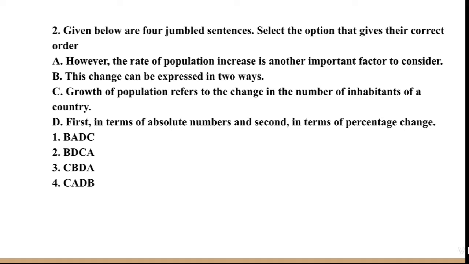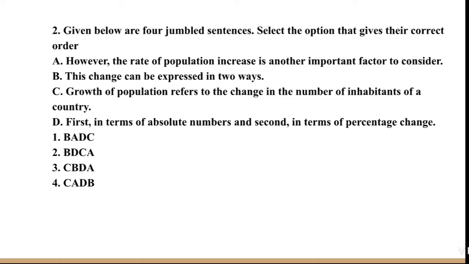Question number 2, given below are four jumbled sentences. Select the option that gives their correct order. So, you will have to organize these clauses. Option 1: However, the rate of population increase is another important factor to consider.